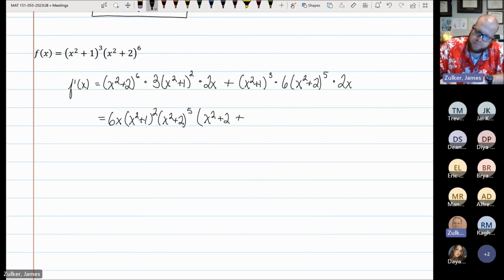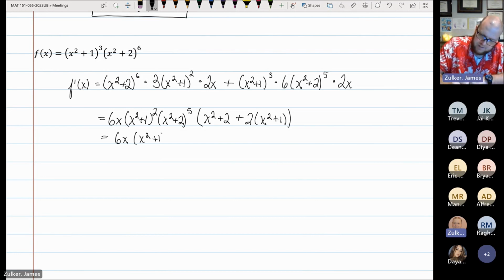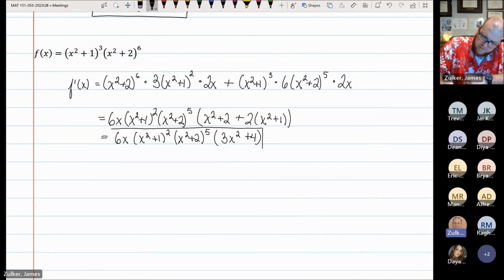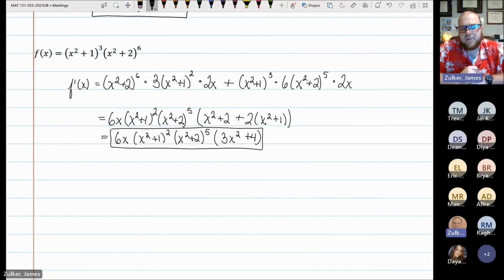From the second term, 2 times x squared plus 1. And so there's the derivative.